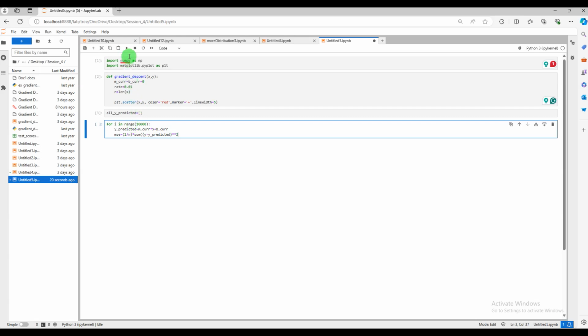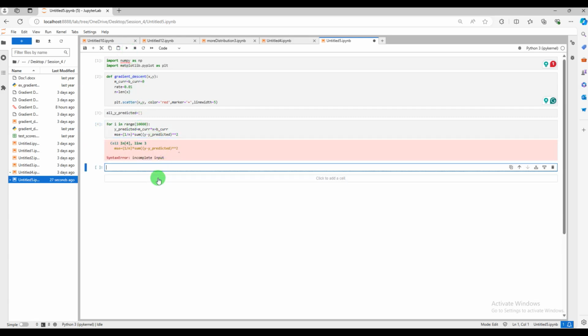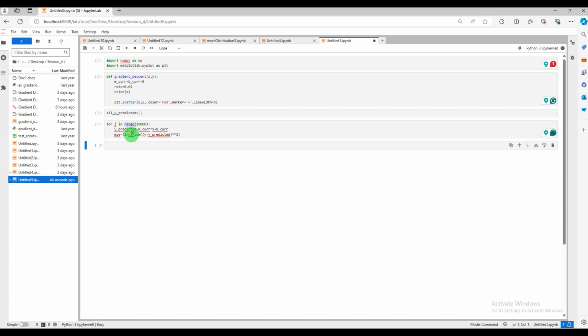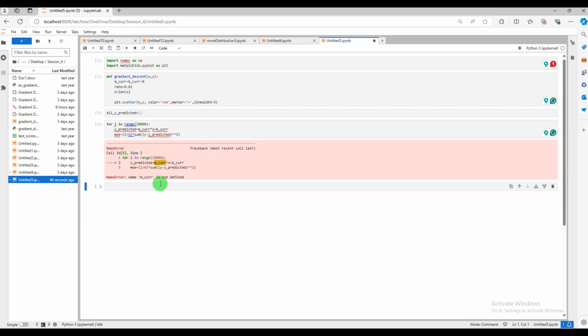Okay. Underline curve, b underline curve equals 0.